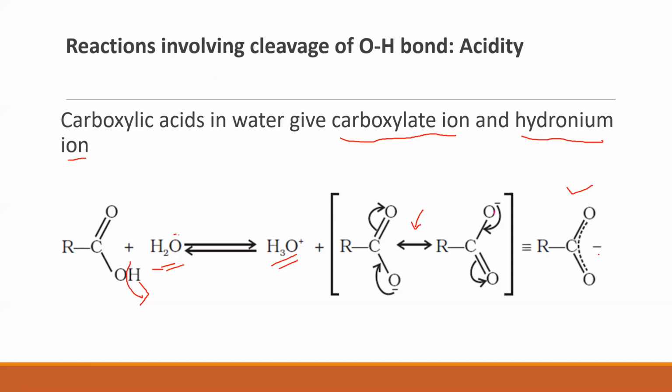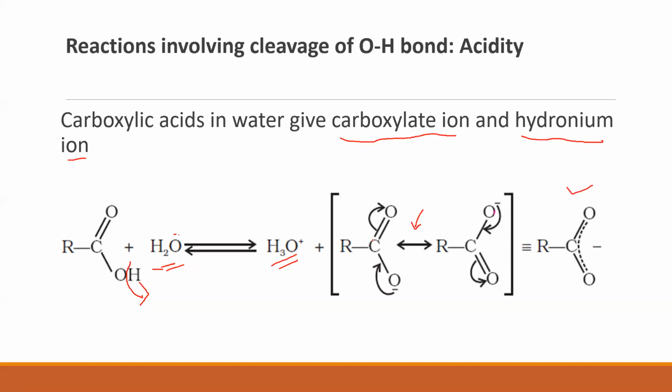So one thing is for sure, the moment we talk about resonance, we talk about stability. The moment there is resonance, stability is introduced. So a carboxylate ion is stabilized by resonance. Clear? So this is what happens when you take a carboxylic acid and you dissolve it in water. Clear?